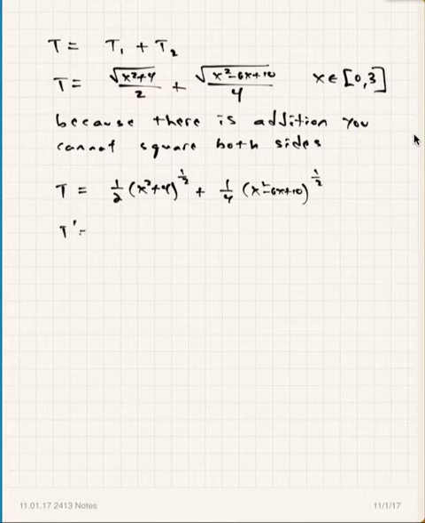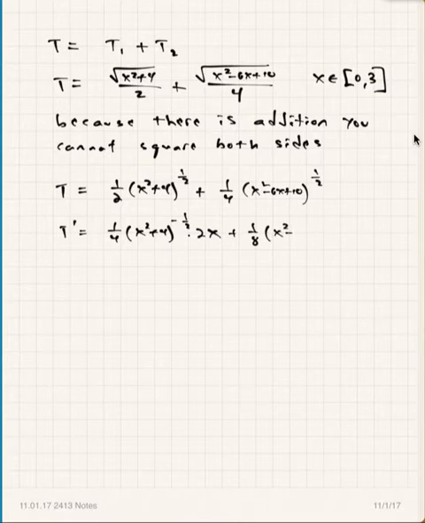So now t prime would be equal to, chain rule in both cases, 1/4 times (x squared plus 4) to the negative 1/2 times 2x. That's the derivative of the outside times the derivative of the inside. Plus 1/8 times (x squared minus 6x plus 10) to the negative 1/2 times (2x minus 6).